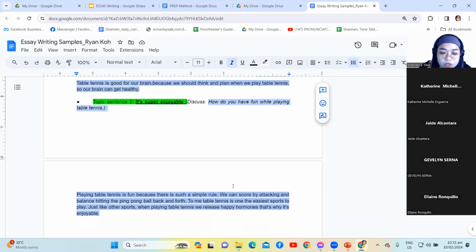And then, sabi din niya dito, when playing table tennis, we release happy hormones. That's why it's enjoyable. Totoo. Any sport or athletic activity, we release endorphins. And endorphins are happy hormones.